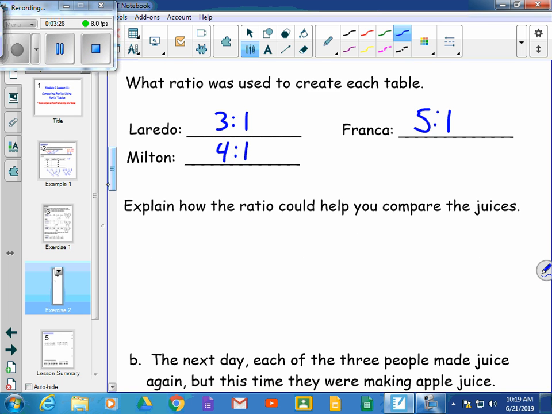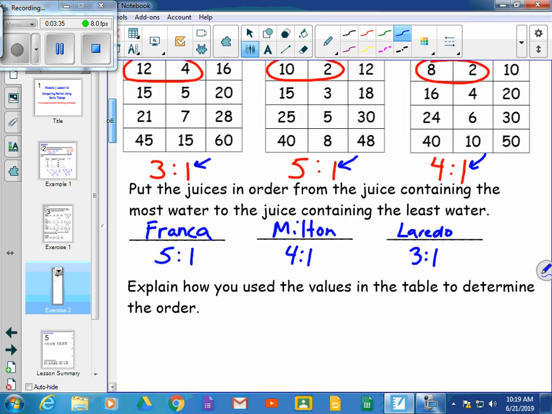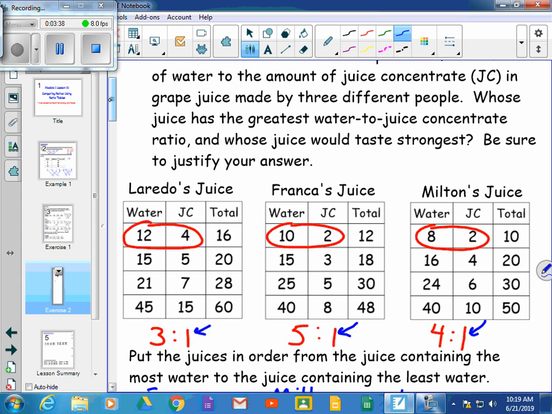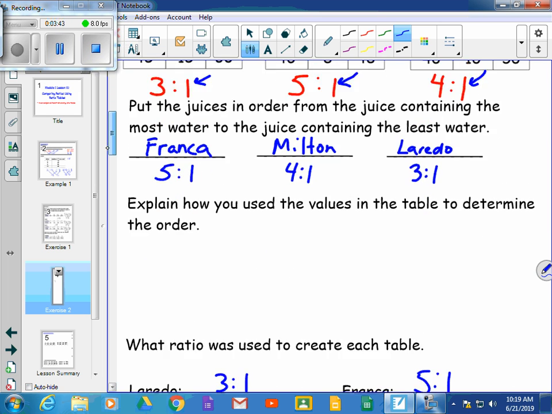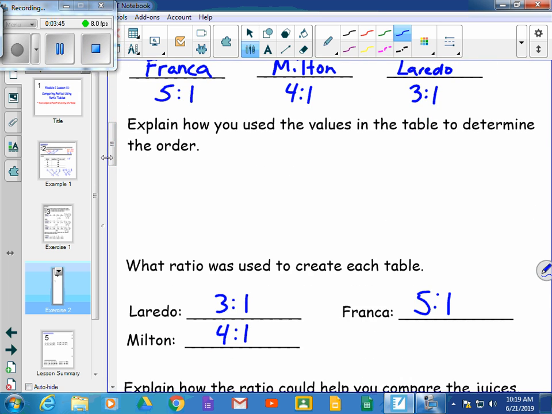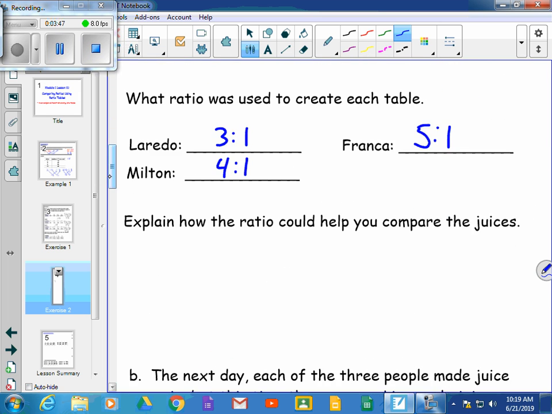Now we have to compare the juices. All right, I want to know whose tastes the strongest, right? The question up here says, whose juice would taste the strongest? To have the strongest tasting juice, you would have to add the least amount of water.